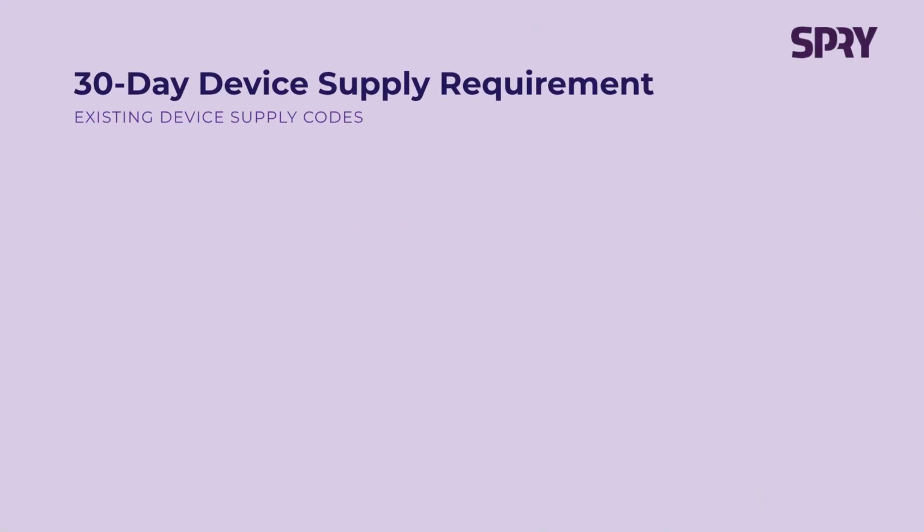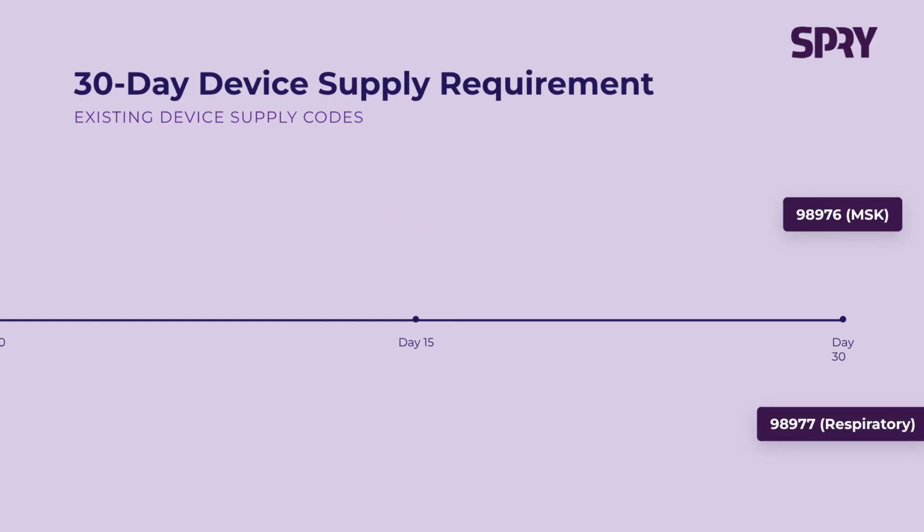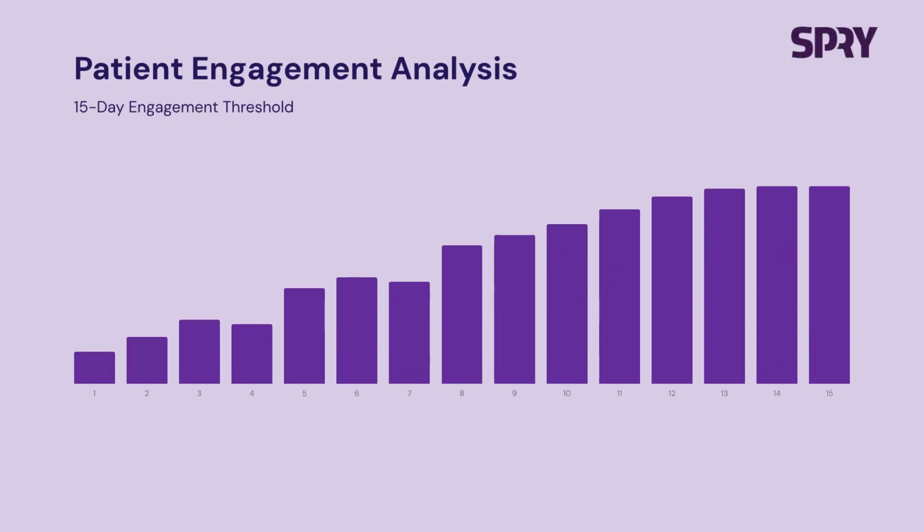Cliff 2. The 30-day device supply requirement. The existing device supply codes, 98976 for musculoskeletal and 98977 for respiratory, required 30 or more days of patient data. Patients with fewer than 16 app engagement days got 0 device supply reimbursement.